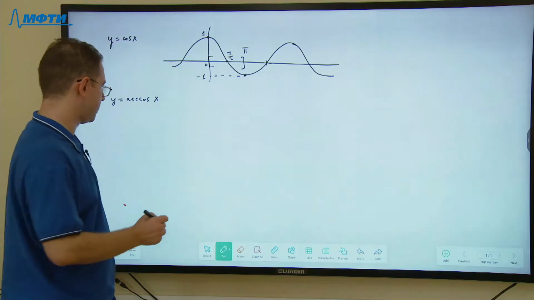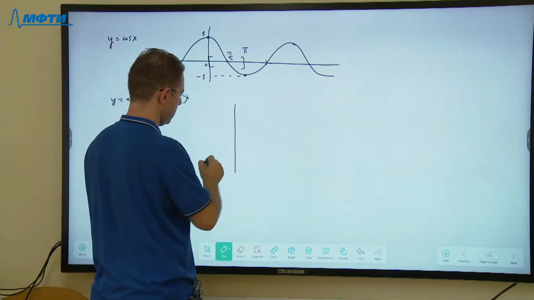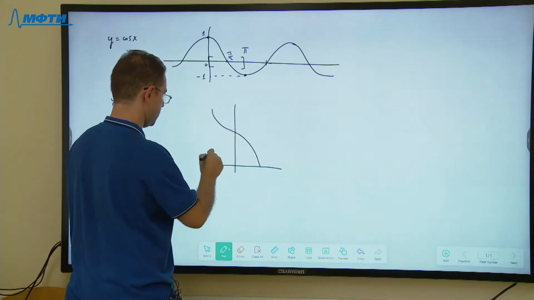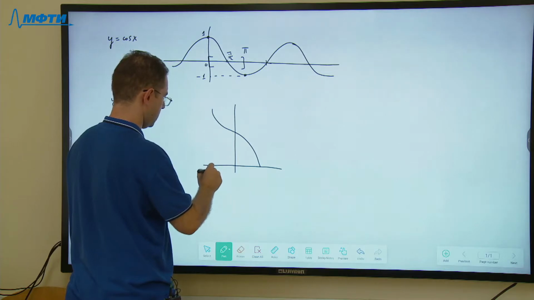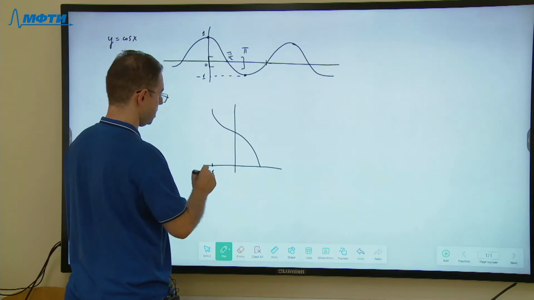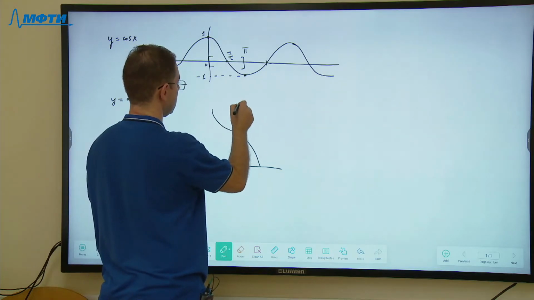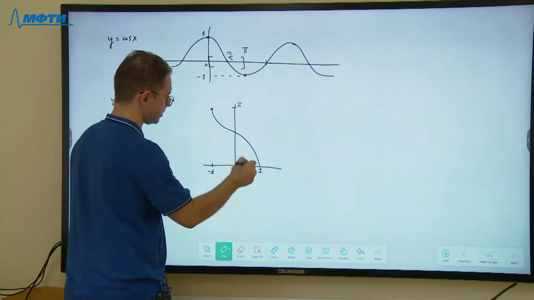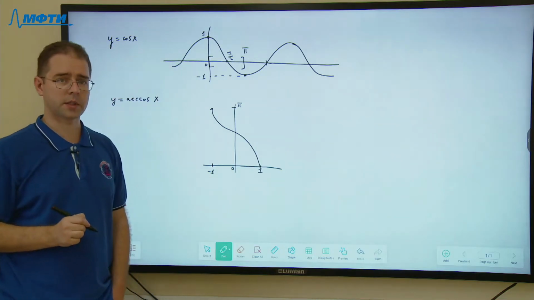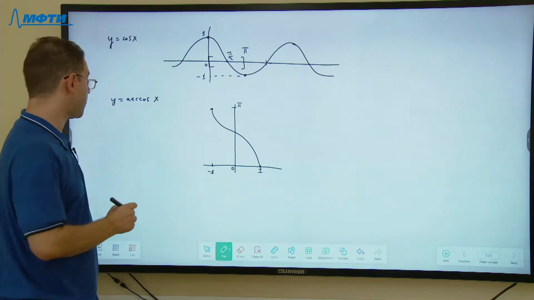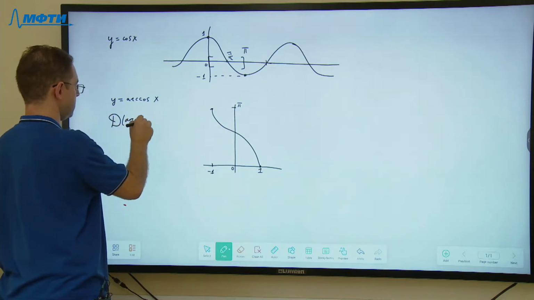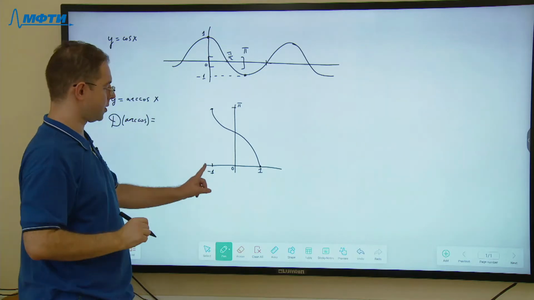I think I have already drawn the graph of this function. So this is minus 1, this is y, this is 0, and this is 1. So the properties of this function, its domain of arc cosine is from -1 to +1.